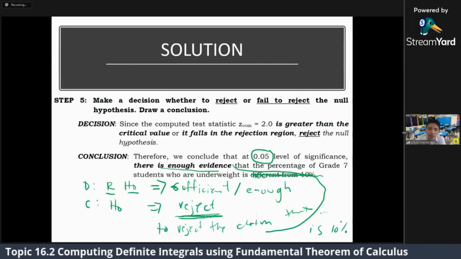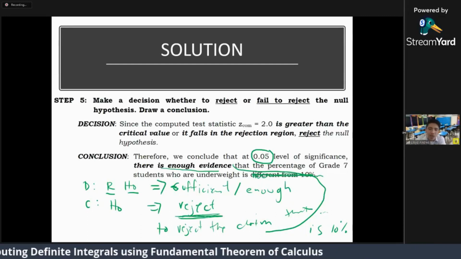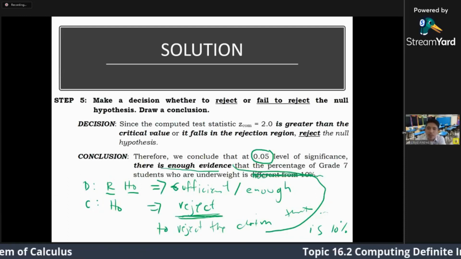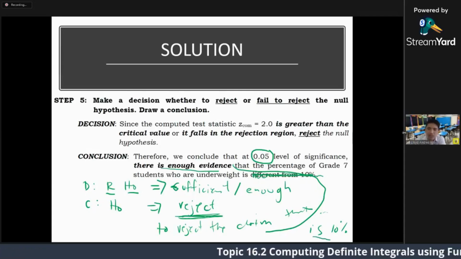So our format uses either reject or support. So reject the claim that is 10% underweight.